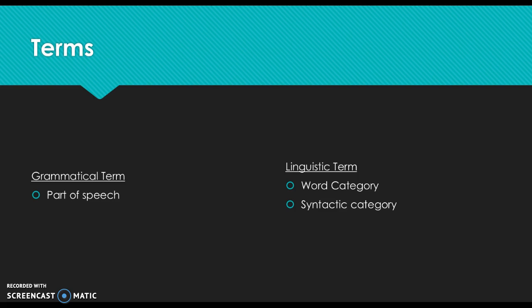We can see that morphemes are smaller than words, but maybe bigger in a sense than syllables. So there's a reason why linguists want to use morphemes, even if grammar books maybe don't talk about that in the same way. So what do we mean by word category or syntactic category?